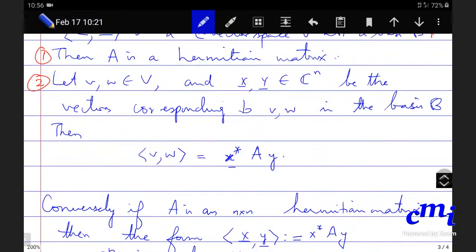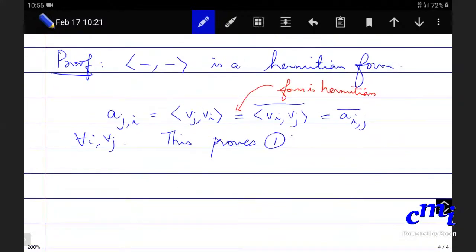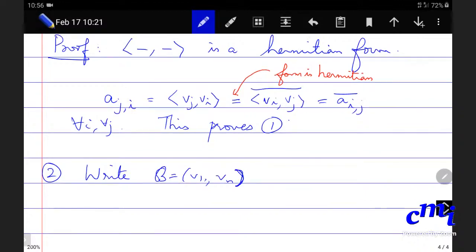So that is a similar proof. Okay. So write the elements. Write B as v1 through vn. We didn't label the elements of B yet.